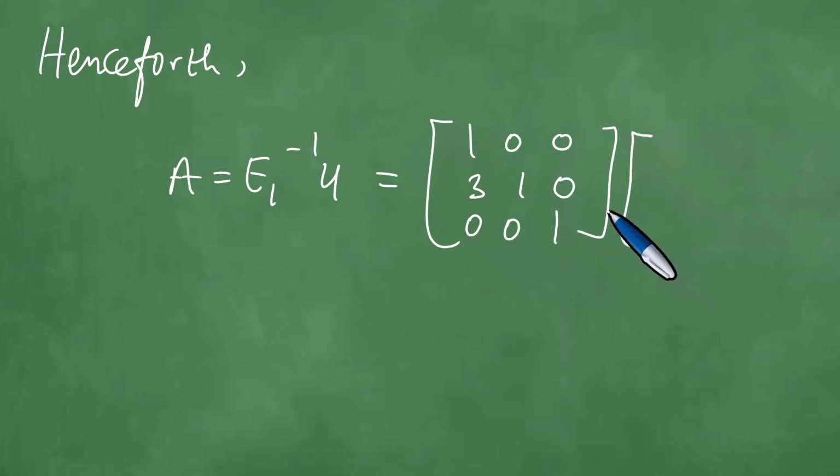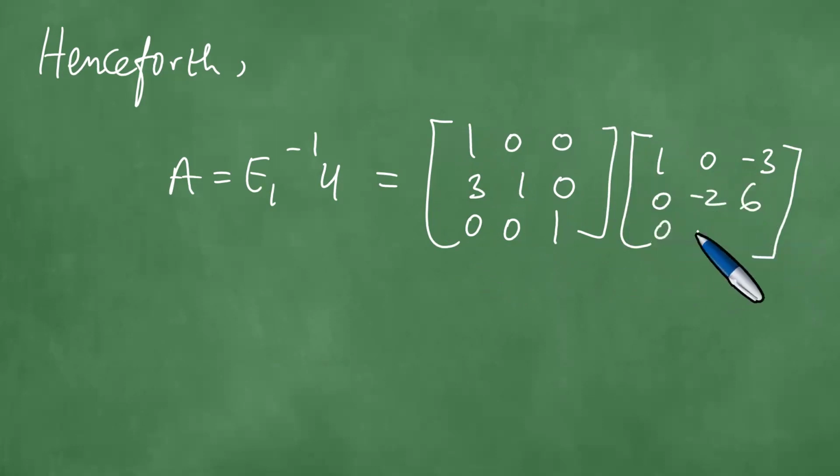What is the upper triangular matrix? The upper triangular matrix is 1, 0, negative 3, 0, negative 2, 6, 0, 0, negative 2. So with this, we say we've been able to write A as a product of an elementary matrix and an upper triangular matrix, and we have solved this problem step by step.